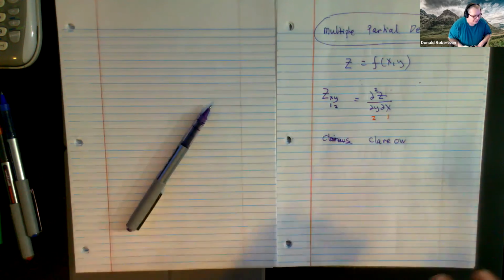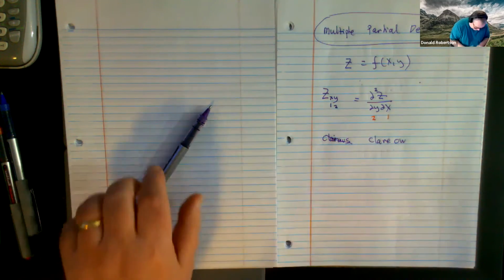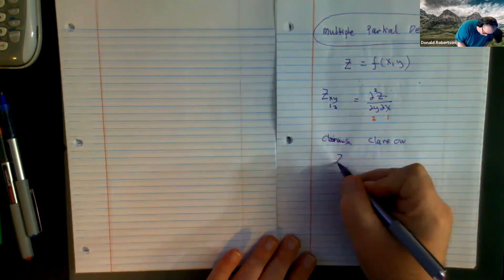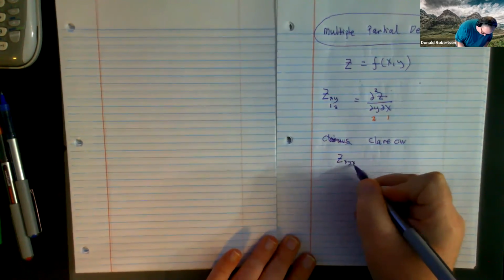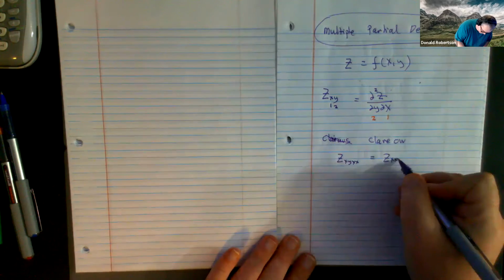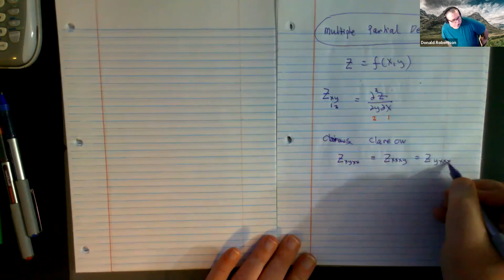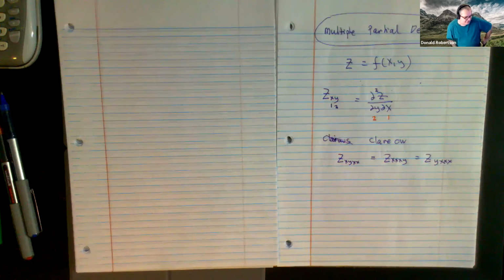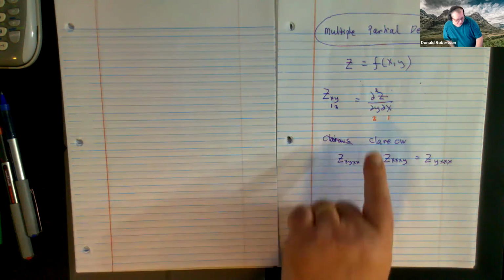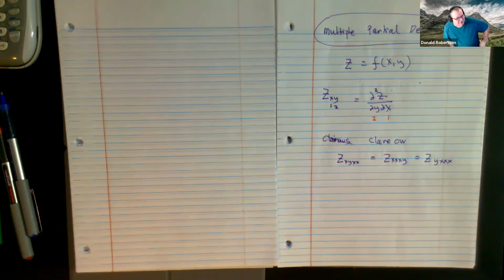As long as it's a nice, well-behaved, continuous function, he found out that when you do multiple derivatives, it doesn't matter what order you do them in, you still get the same answer, which is really helpful because if you screw up this notation, won't you still get the right answer? Because Clairaut says it doesn't matter if you do the x first and the y second or the y first and x second, provided the original function is nice and well behaved and continuous.